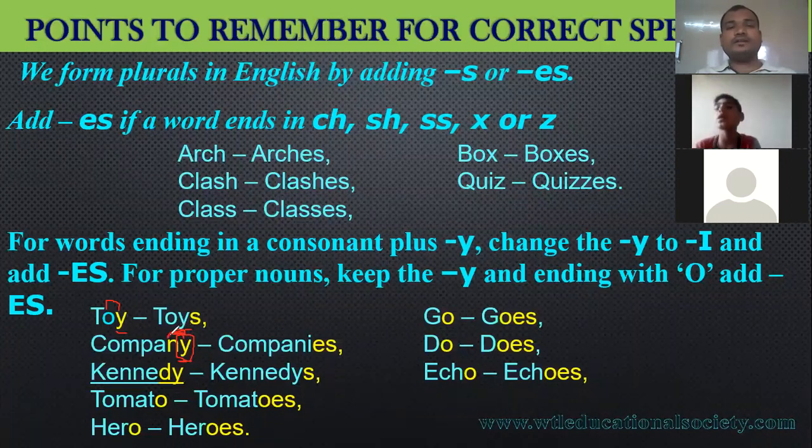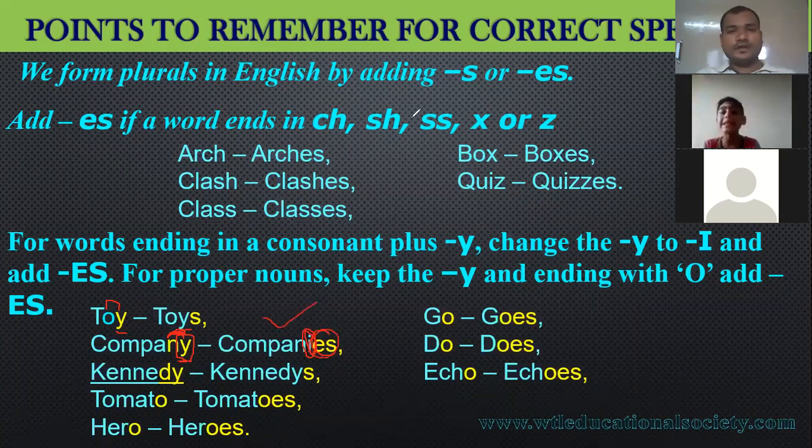So when a word ending in Y is preceded by a consonant, as per this rule, we are supposed to change the letter Y to the letter I, and add ES to make the plural form. So in company, the letter Y has been changed to I, and we just added ES to make the plural.